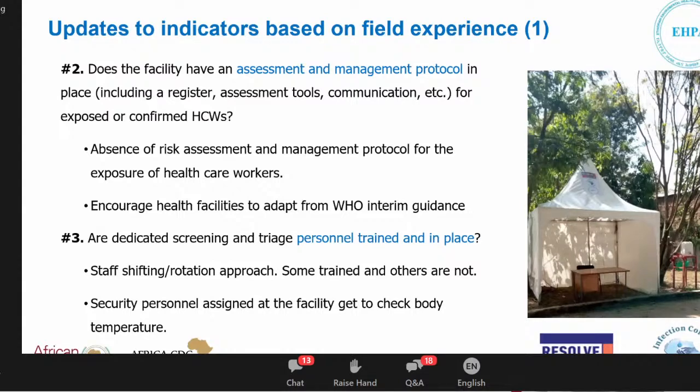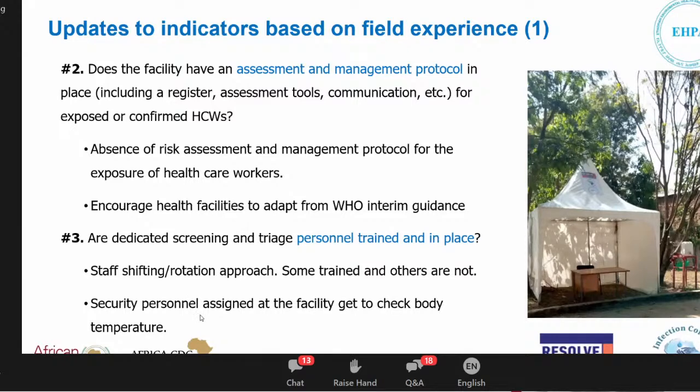So in this country, the program is going back to normal, so the staff assigned here do not have sufficient training and have not dedicated their time full time due to the shifting. So it's sometimes misleading.